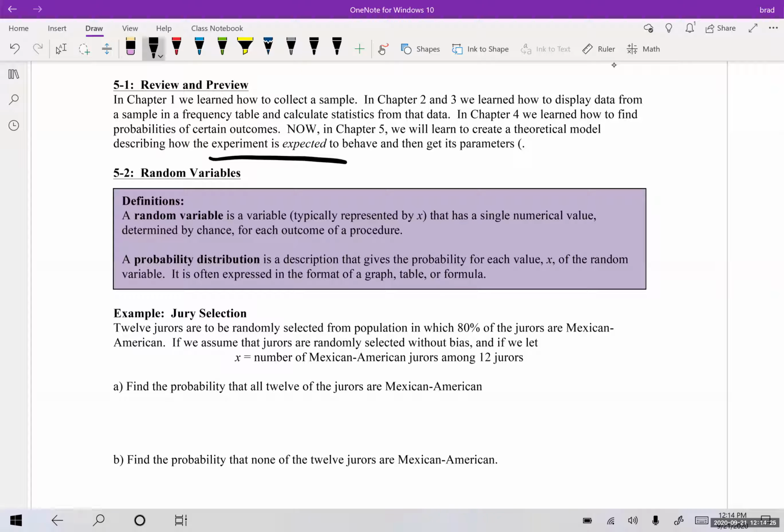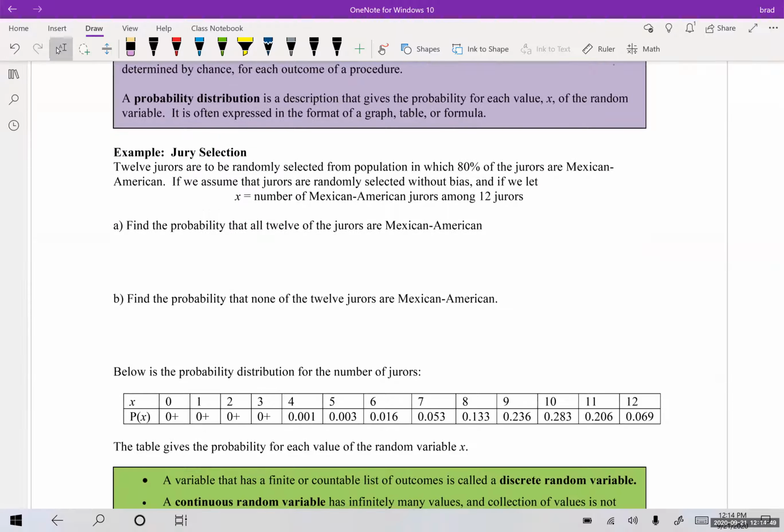So I think in this one, we're going to be given a table for this first problem. So it says 12 jurors are to be randomly selected from a population in which 80% of the jurors are Mexican American. If we assume that jurors are randomly selected without bias, and if we let X equal the number of Mexican American jurors among 12 jurors, find the probability that all 12 of the jurors are Mexican American, and find the probability that none of the 12 jurors are Mexican American.